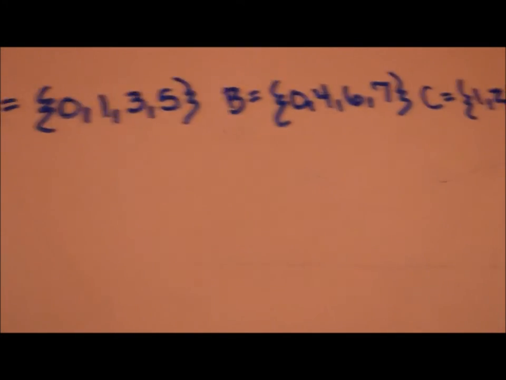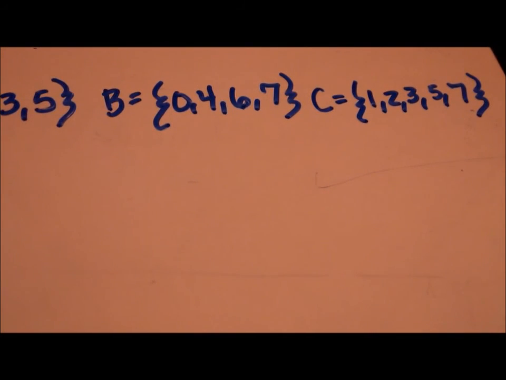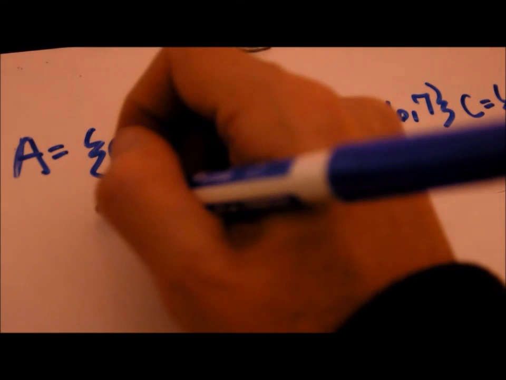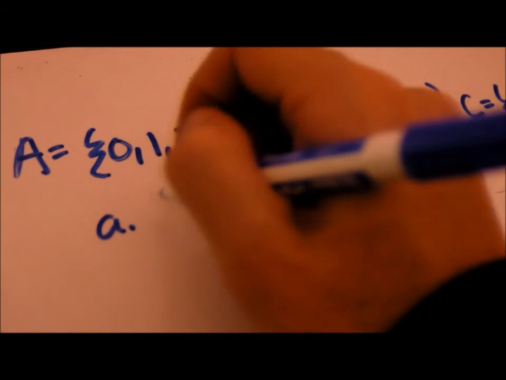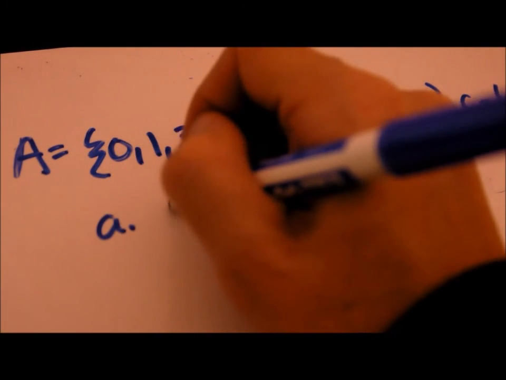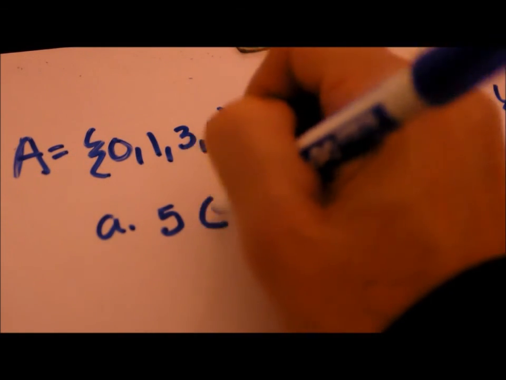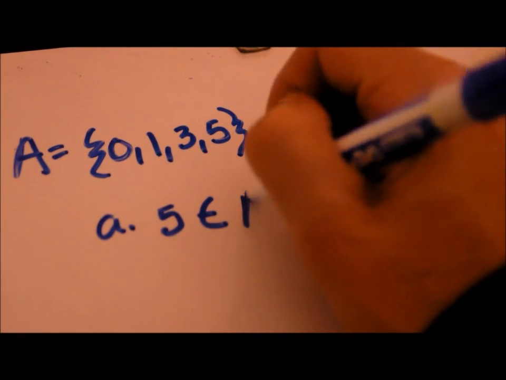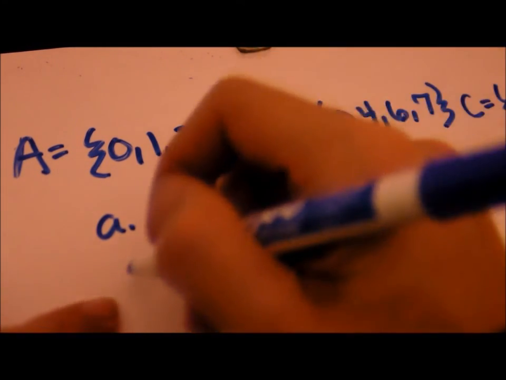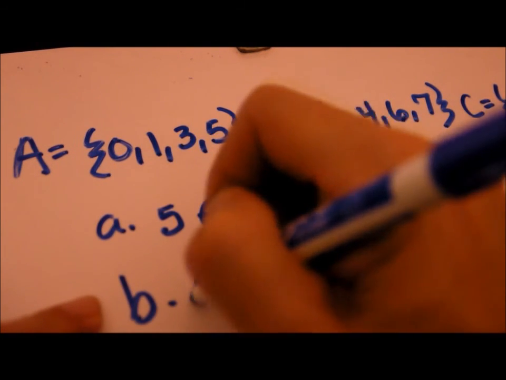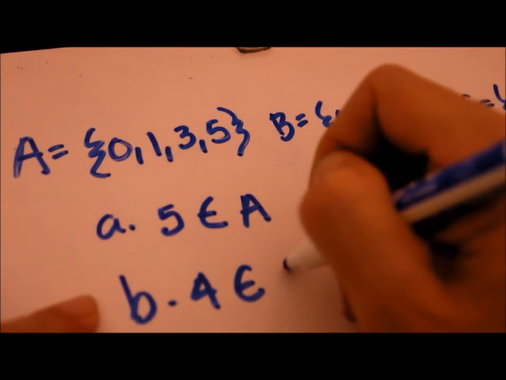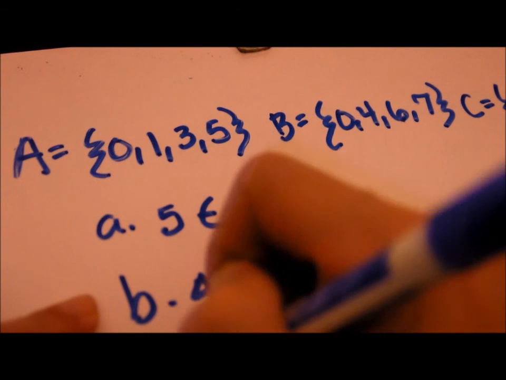Example 3 gave 3 sets, A, B, and C, and hopefully you're looking there. We've got members of A, B, and C. The question says for part A, tell us which is true. They've got these weird symbols, and I will just teach you how to read those.